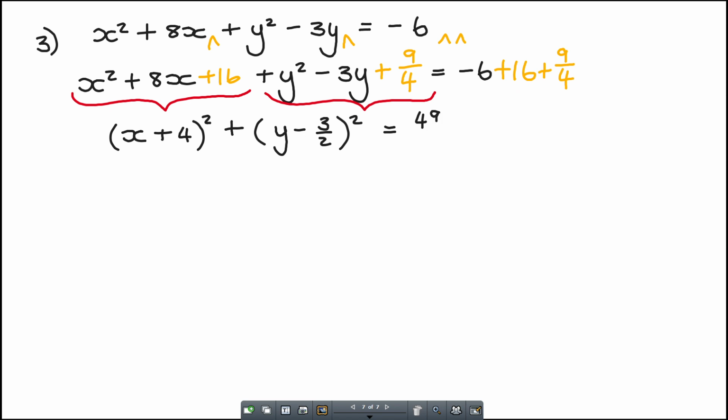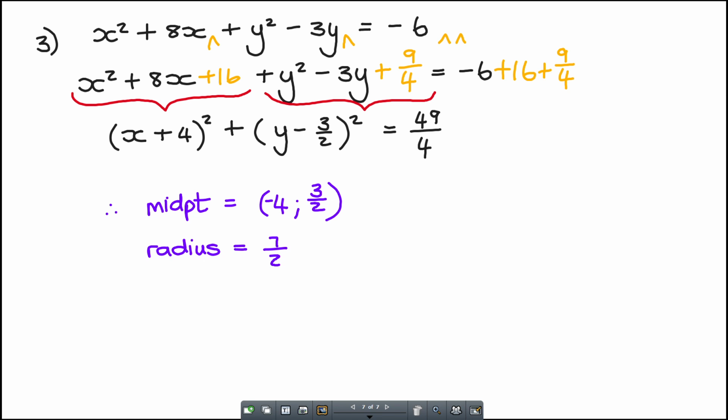Good. So therefore, what is my midpoint? Minus 4 and 3 over 2. And the radius is 7 over 2, because remember, that was radius squared.